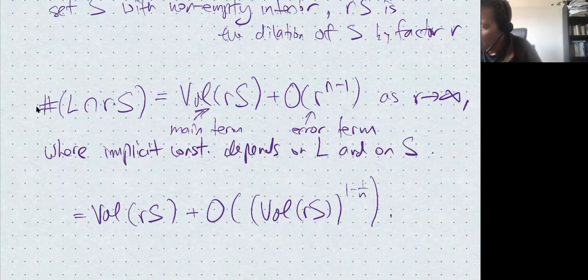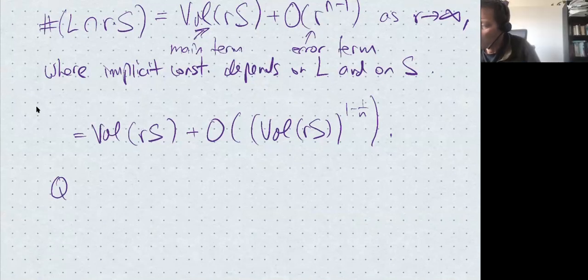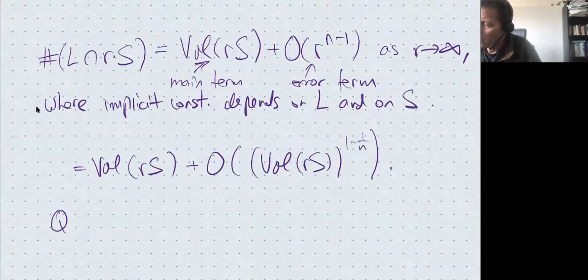The question: is the implicit constant in the second formulation independent of S? It's the same formulation, I'm just rewriting it. I'm saying that the volume of R times S is the volume of S times R to the n.